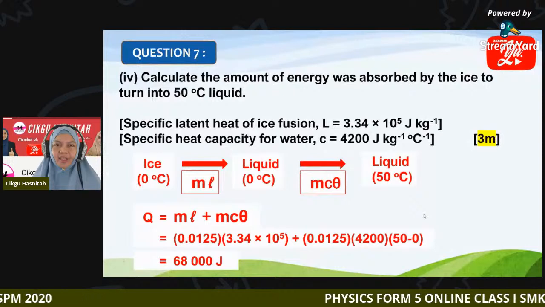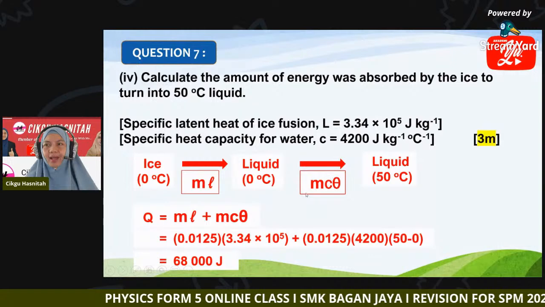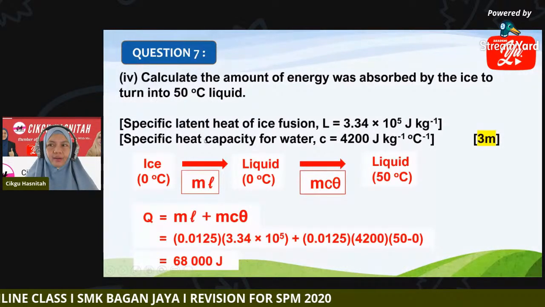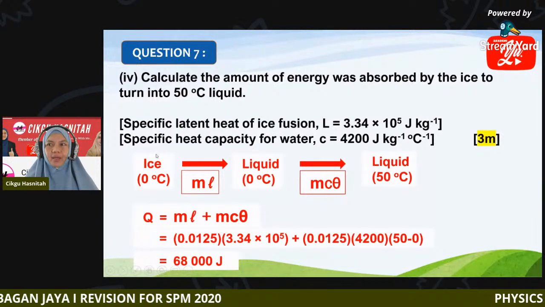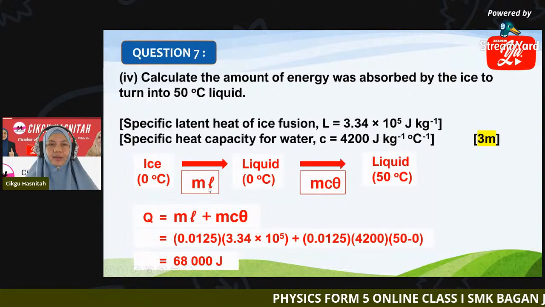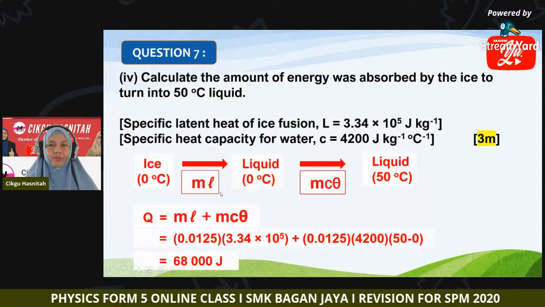Okay, so I hope by showing you this chart, you are now clear how to face this question. First you have to know the changes of phase involved. From there only we can determine what process is involved, what type of heat is involved.